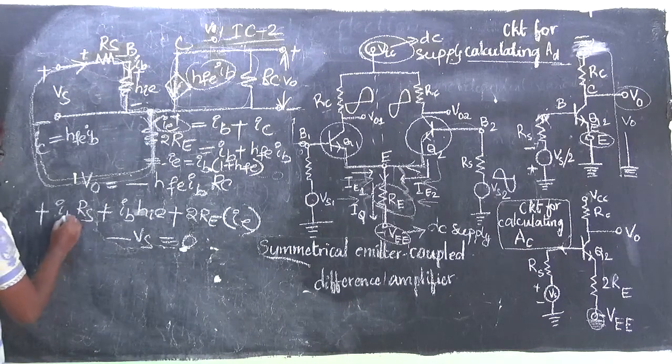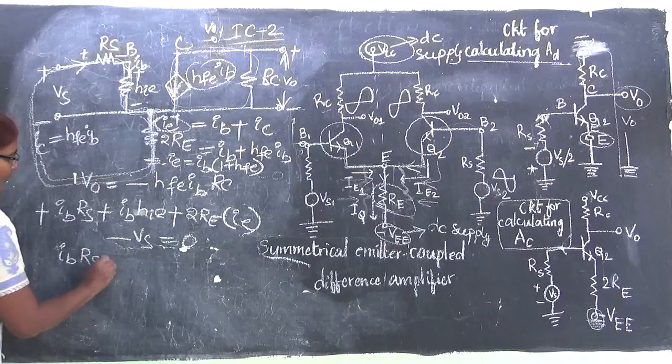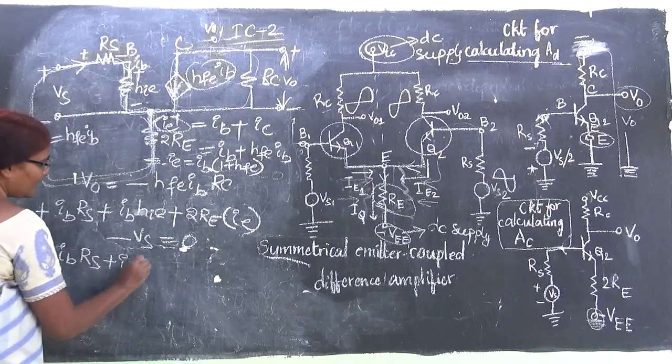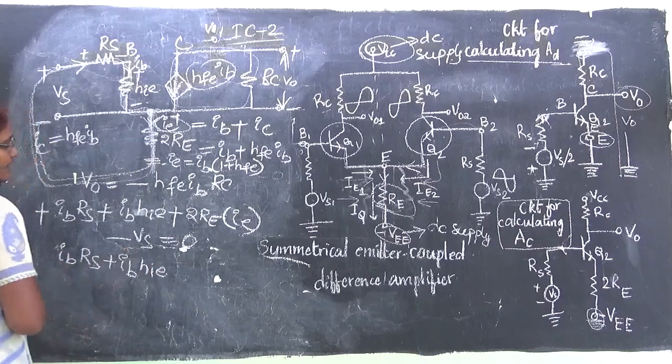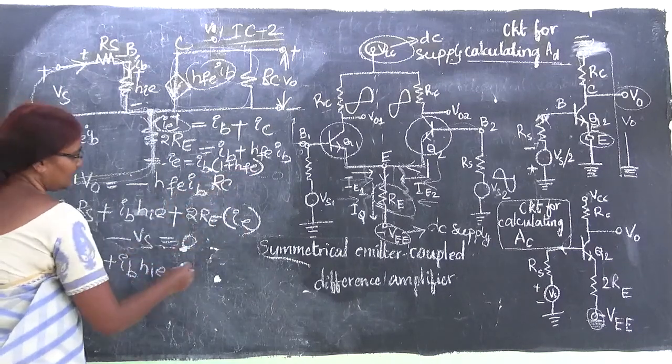So here IB Rs plus IB hie, and IE can be written as IB into (1 plus hfe).